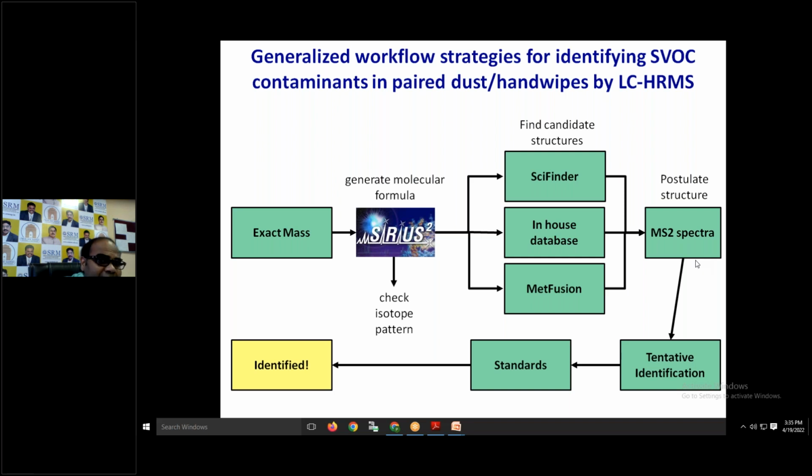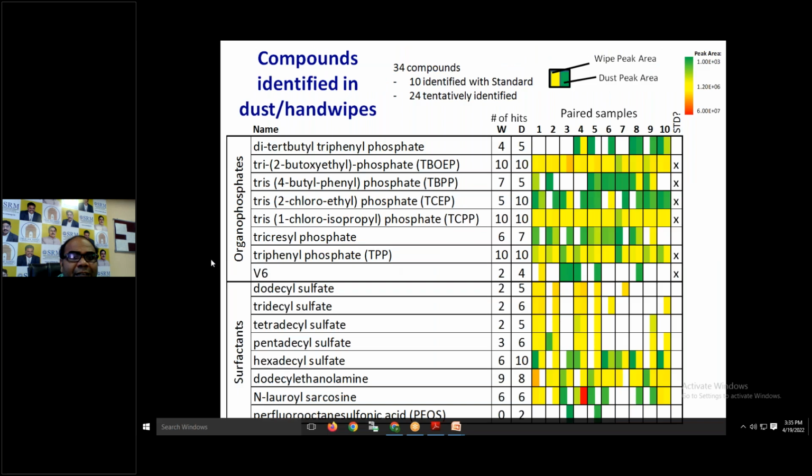So this is the general workflow strategy, exact mass, how we are identifying with this particular software. Just remember, this software is used mainly to know the presence of isotopes. These are the procedures to identify their presence.